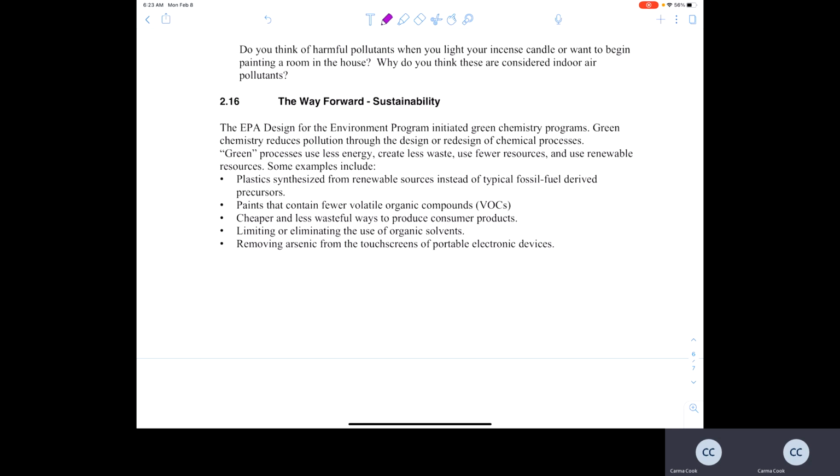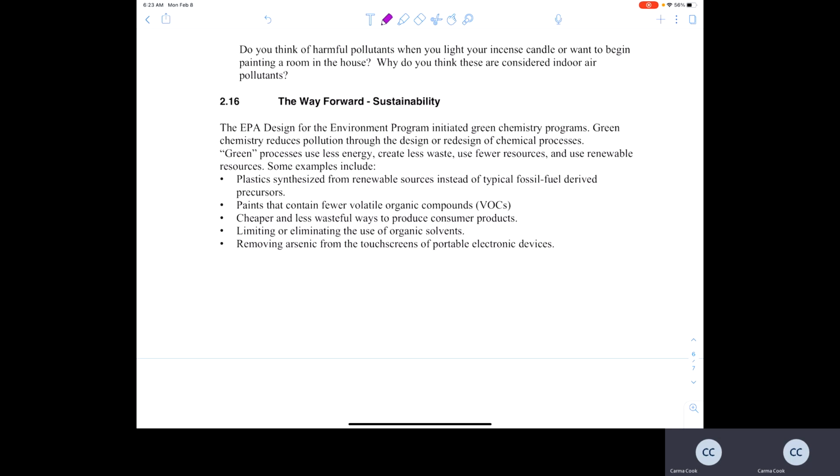And so that can cause carbon monoxide to be produced instead of CO2. So making sure your electrical devices and appliances and your furnace are working properly is another good way to help prevent indoor air pollution.